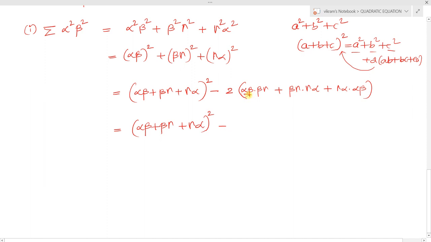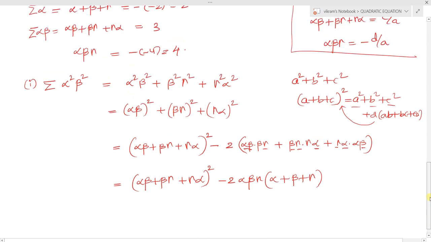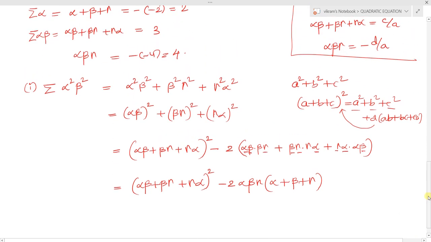Now this can be written as alpha beta plus beta gamma plus gamma alpha whole square minus 2 times alpha beta gamma, taking alpha beta gamma as common, times alpha plus beta plus gamma. We know, as we have just seen, alpha plus beta plus gamma equals 2, and we substitute over here.